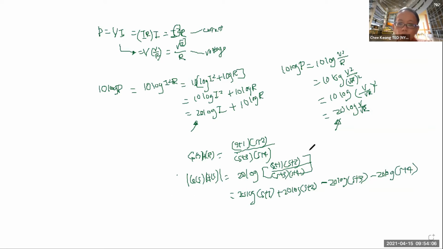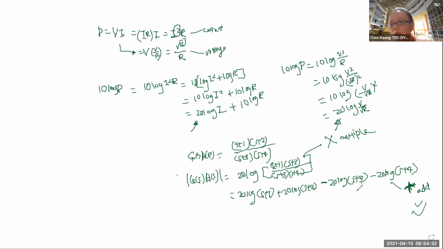Now, which one is easier to work on? Do you like to work on a multiplication scale, or do you want to work on an addition scale? For me, I would prefer addition, because add is a lot simpler than multiply. So definitely, addition is a lot easier than multiplication.